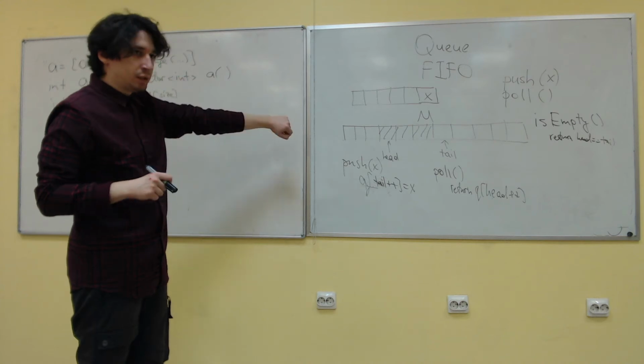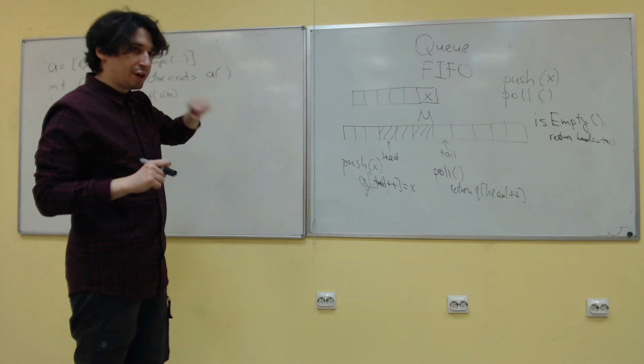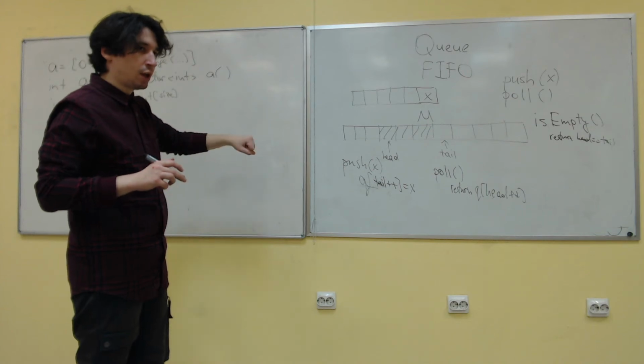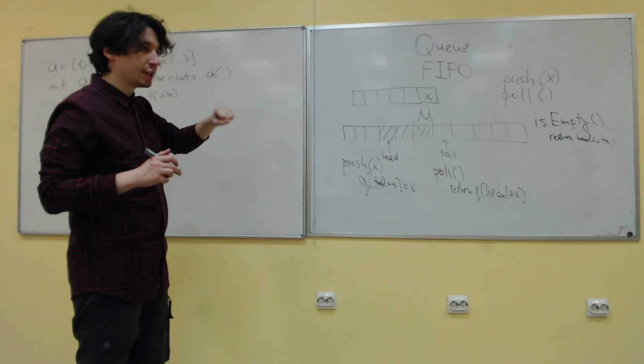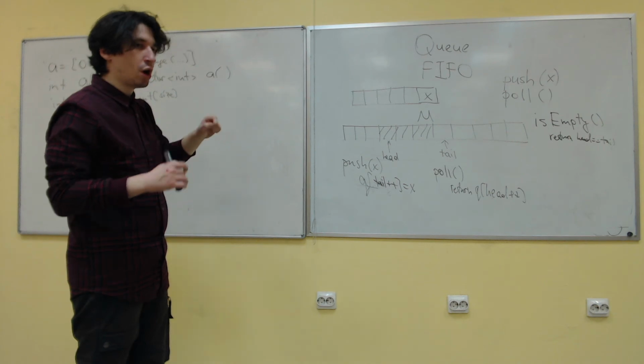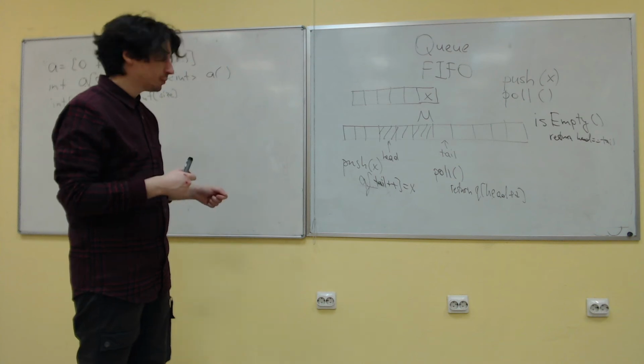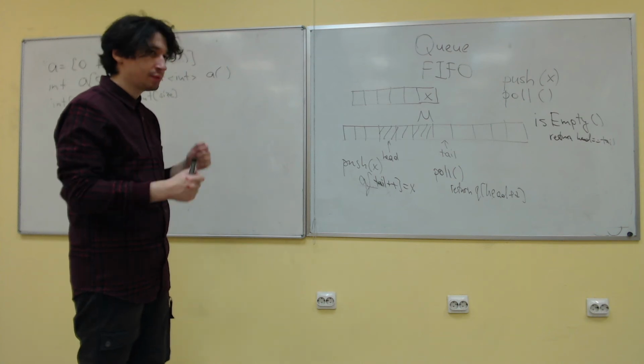But what if the number of pushes is really high, but we know that the number of elements in the queue at each moment is less than m? What can we do? Any ideas?